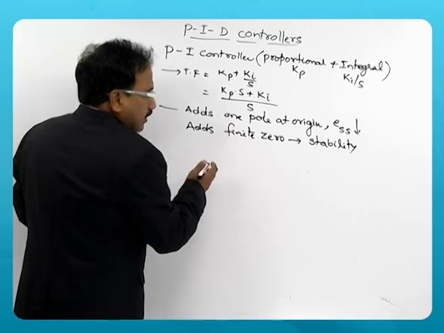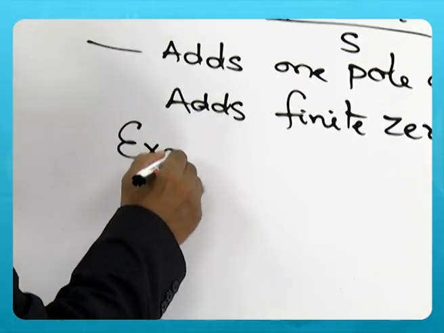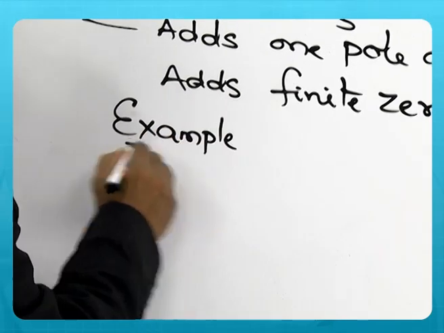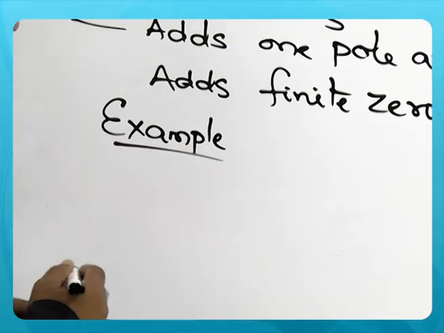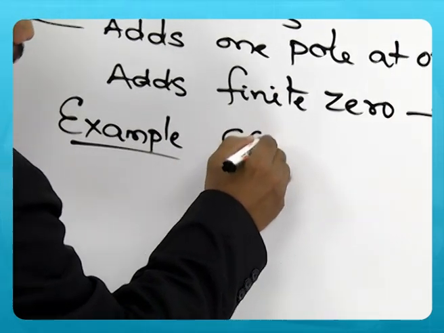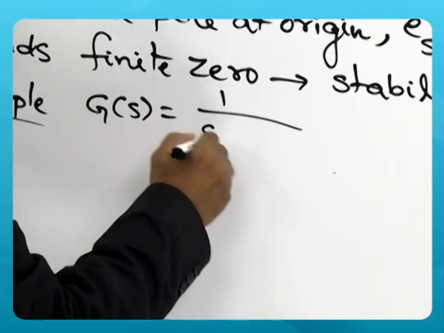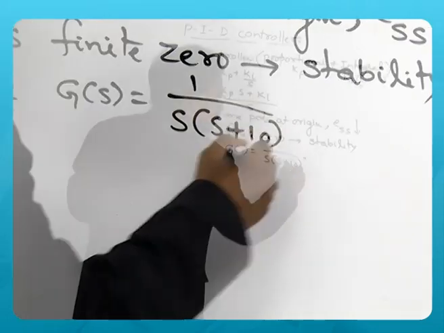So let us consider the example again to explain the advantage of PI controller. Consider the function as 1 by S into S plus 10.